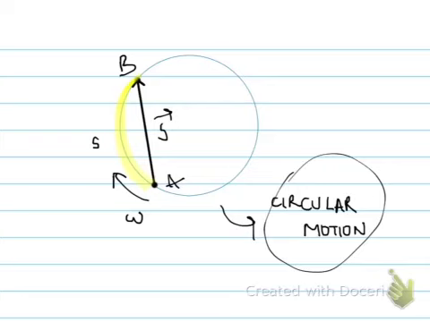As you can see, the mod of the displacement vector will not be equal to s, that is, the mod of the displacement will not be equal to the distance. This is in terms of circular motion.